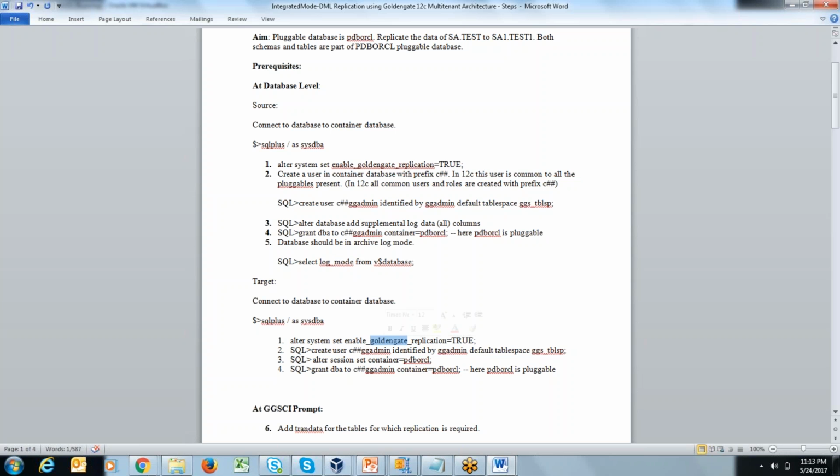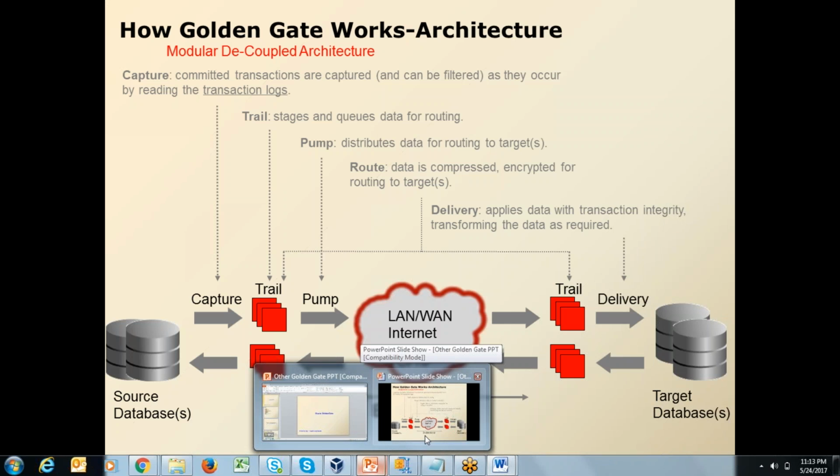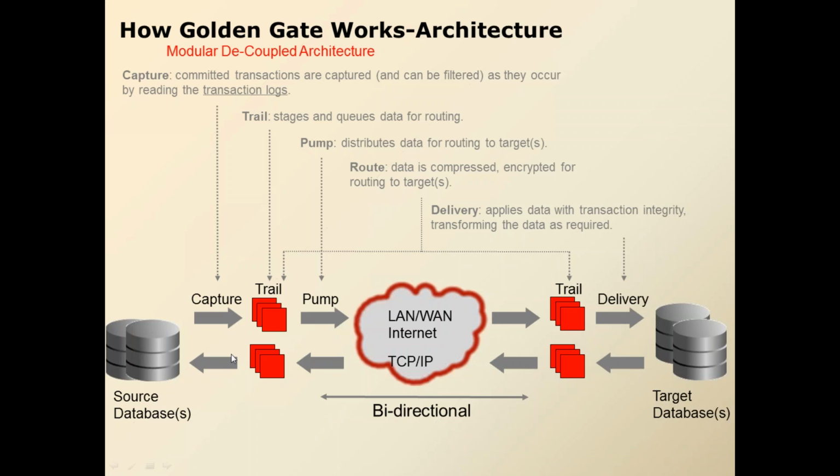First is set the enable_goldengate_replication to true, and next is create a Goldengate user and grant a DBA privilege. So once all these prerequisites are met, you are good to go ahead and create these processes, capture, pump and delivery, along with the trail files on source and target.